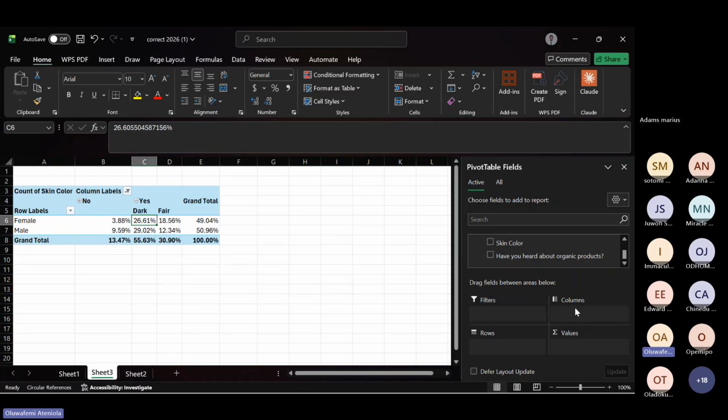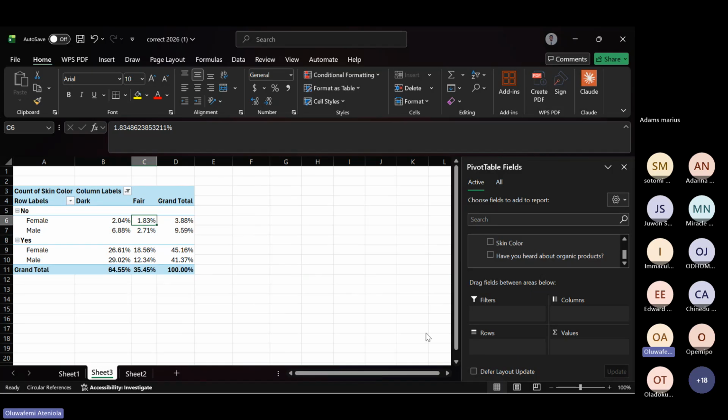Let's try and move it into rows and see what happens. Good. Let's look at it this way. I think this explains it better. So we have more people saying yes, that they have quite a good knowledge of what organic products are.